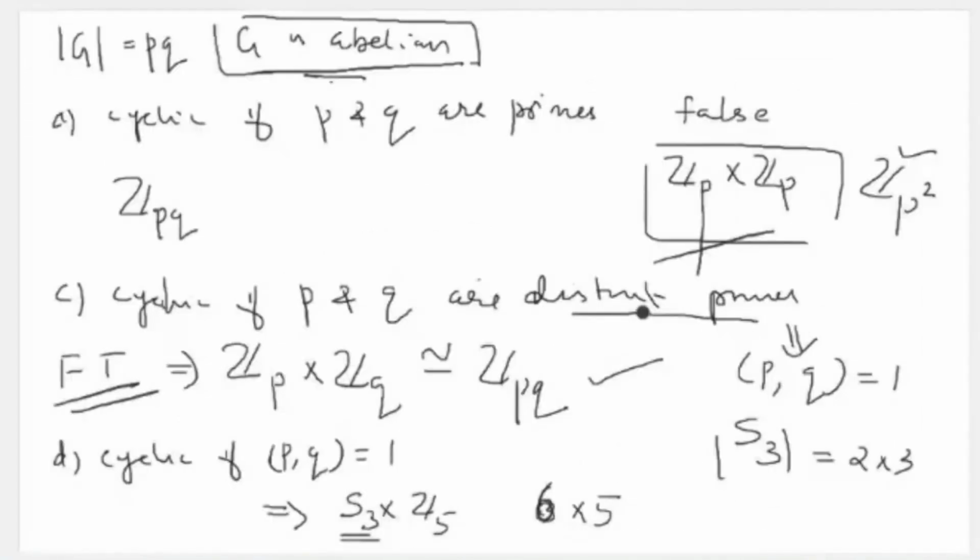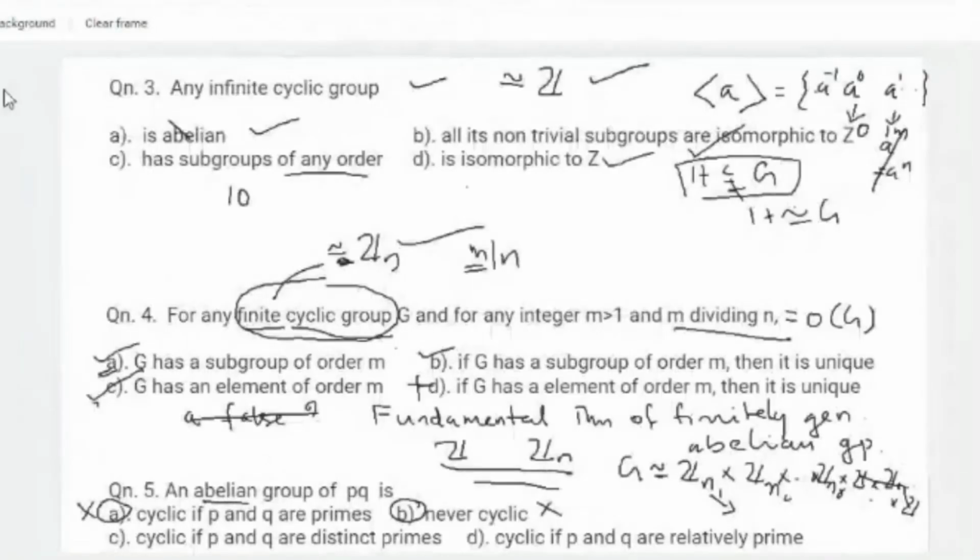Otherwise, we have these kinds of examples to contradict it. So C is also not true. Only C is true, D is also not true. If P and Q are distinct primes, then it is cyclic, otherwise it is not cyclic.